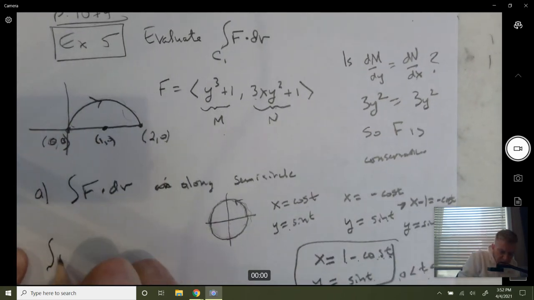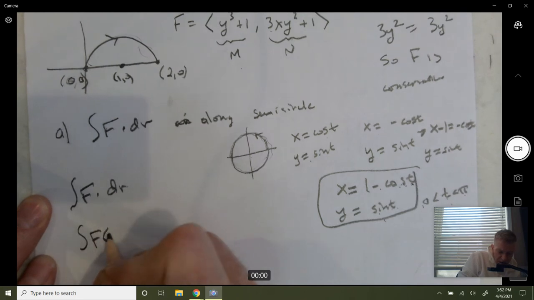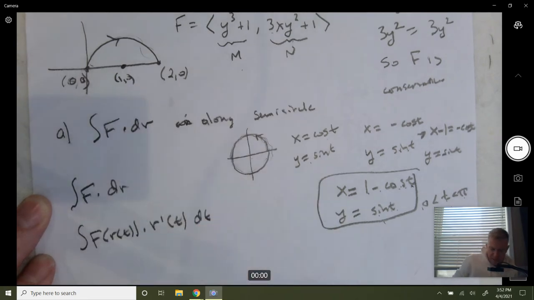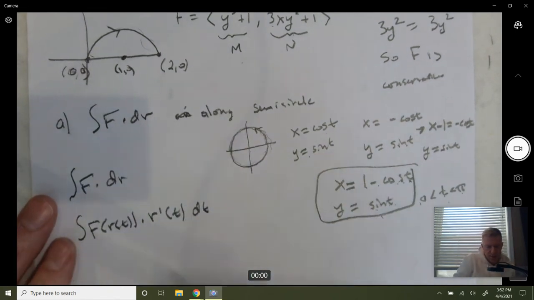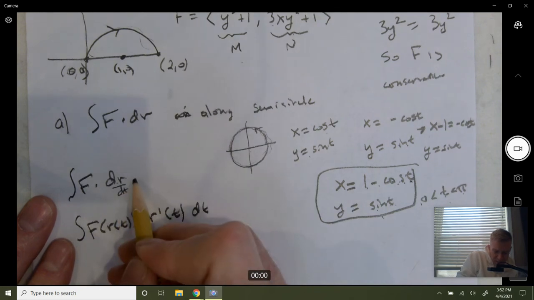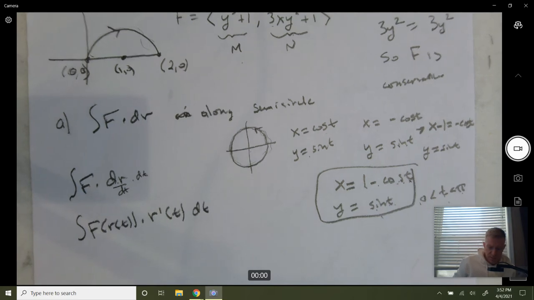Okay. So now I'm going to evaluate this the way we did in the last chapter. Remember how we evaluate F dotted with dr. It's the integral of F of r of t dotted with r prime of t dt, because remember that dr is really dr/dt times dt.